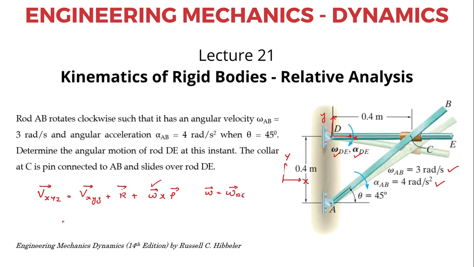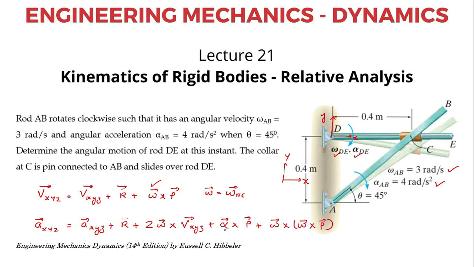Similarly, the acceleration vector a capital xyz is equal to a small xyz plus r double dot plus 2 omega vector cross v small xyz plus omega dot, or I can write it as alpha vector, cross rho vector plus omega vector cross omega vector cross rho vector.